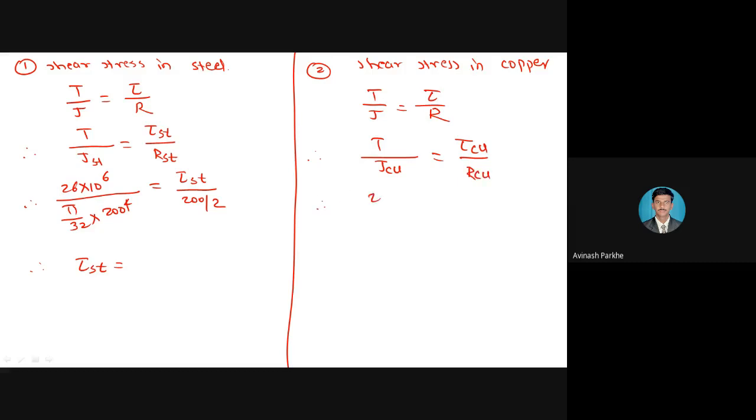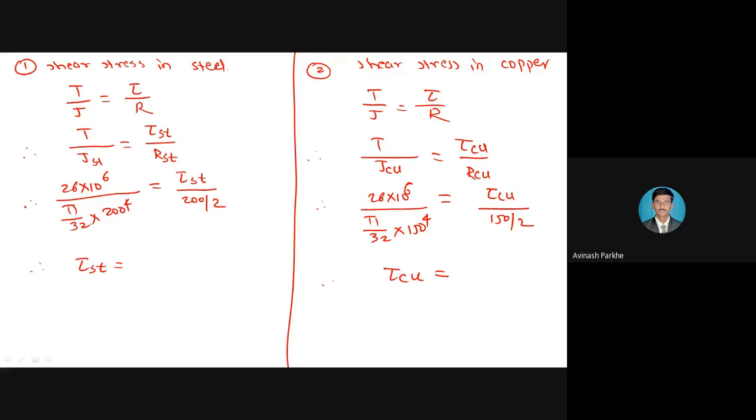Once again, 26 into 10 raised to 6 divided by pi by 32 into 150 raised to 4 is equal to tau of copper, which I have to calculate, divided by 150 divided by 2. So I can calculate tau of copper and find out the shear stresses.